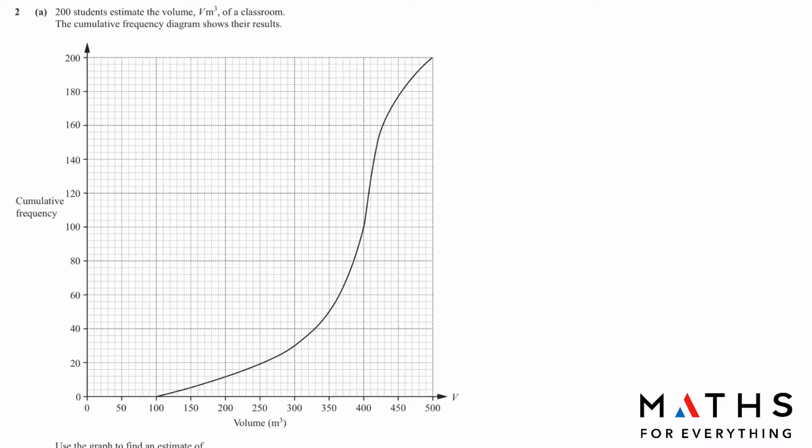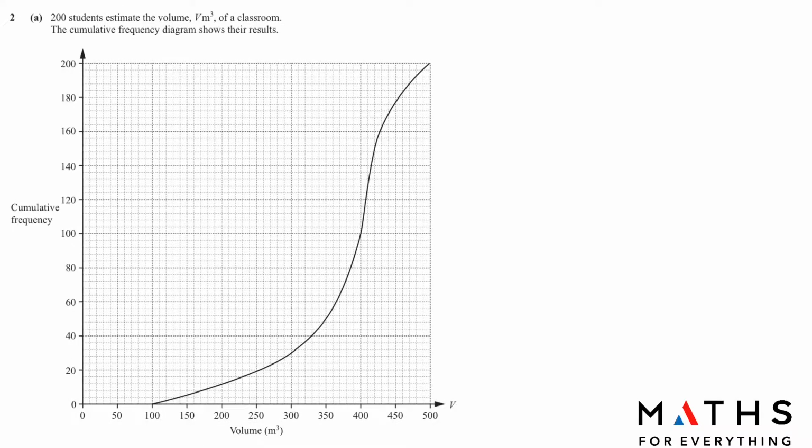Median is the mid value of the frequency. So we have a total of 200 students. To find the median, divide the 200 by 2. Median is half of the frequency, that is 100.